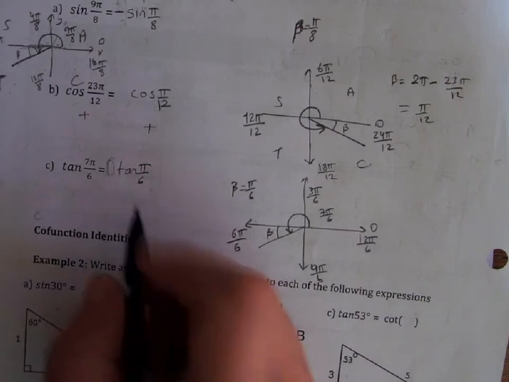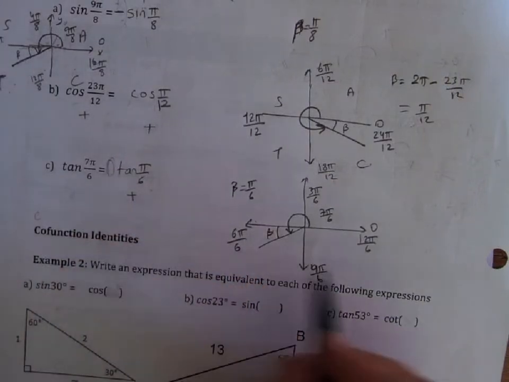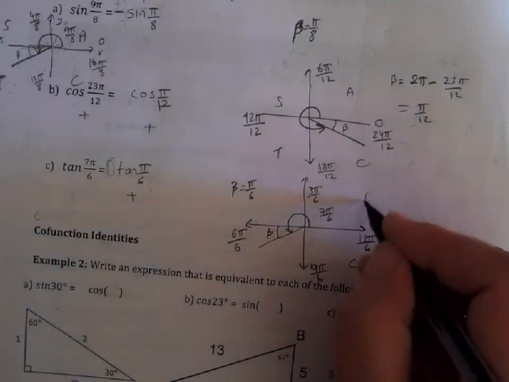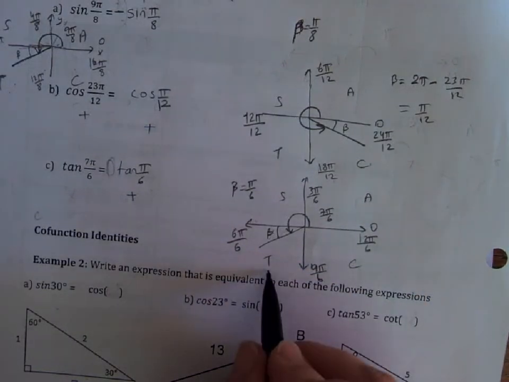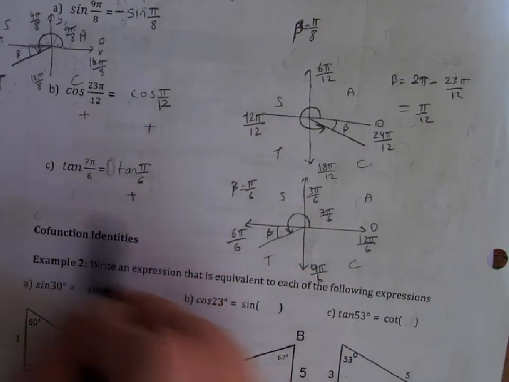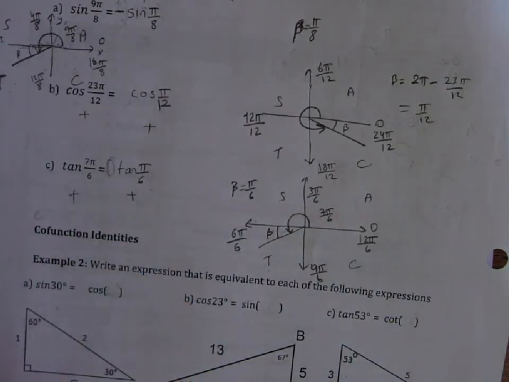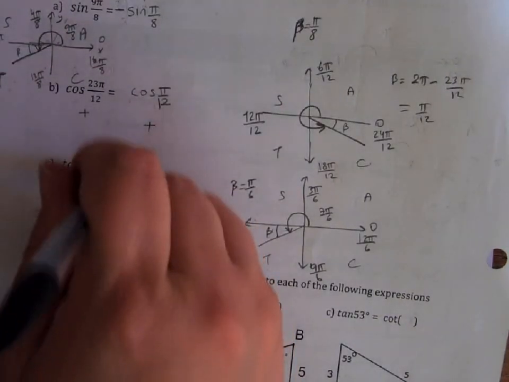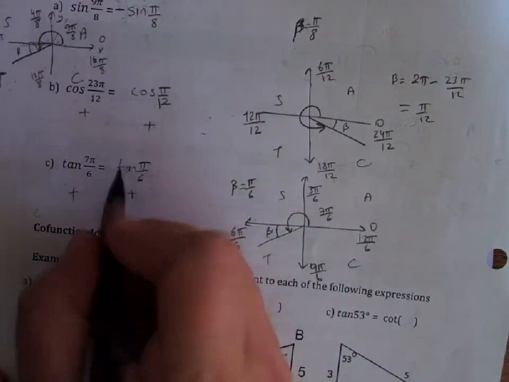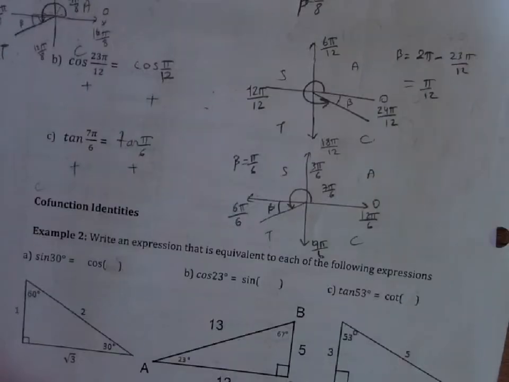Tangent pi over 6 is positive. 7 pi over 6, we are in the third quadrant. Right, CAST: tangent is positive in the third quadrant. So that is also positive, positive, positive. We don't need to put a negative sign there, so they are equal.